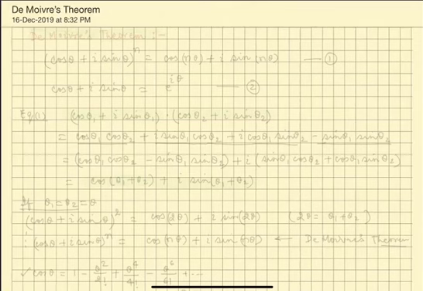De Moivre's theorem is like this one: (cos theta + i sin theta)^n equals cos n theta + i sin n theta. Okay.